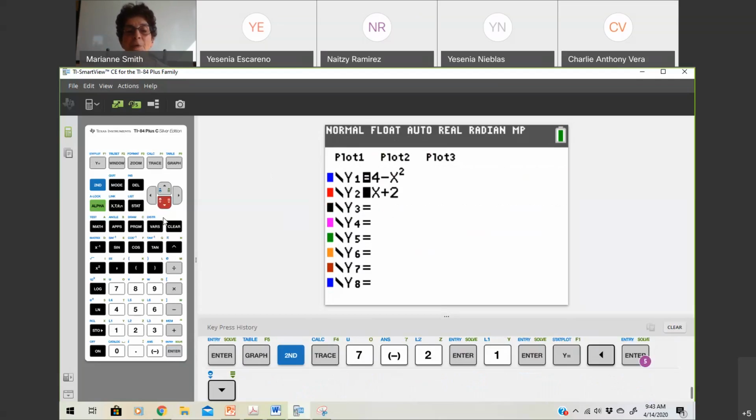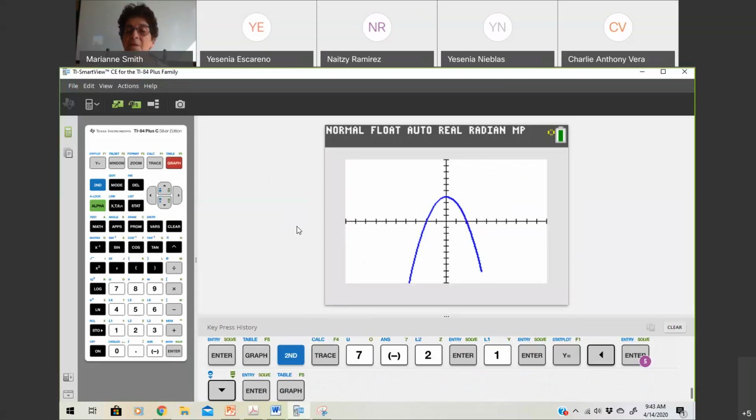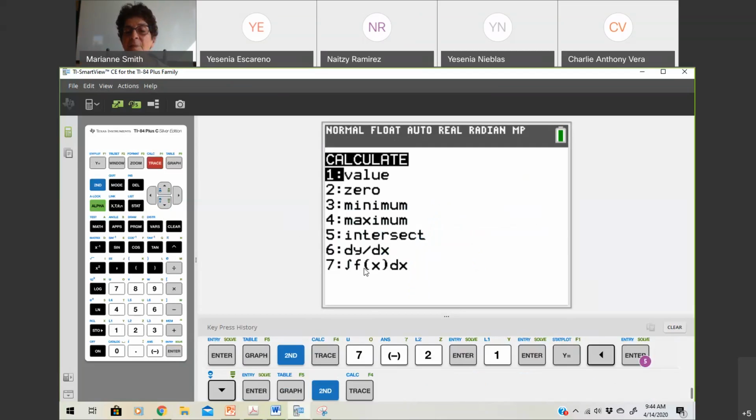The other graph, though, you want to turn off, so I'm going to hit enter on that one. Now this is set up to graph the quadratic, so I'm going to graph it. And then all I'm going to do to get the area between that curve and the x-axis is second, trace, and then it's the numbers down here, the one with the integral sign.